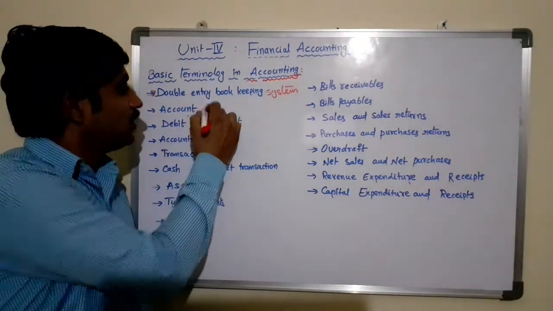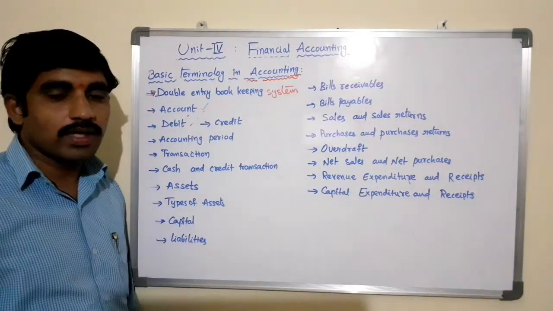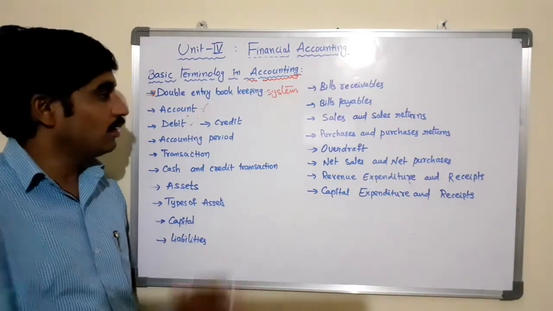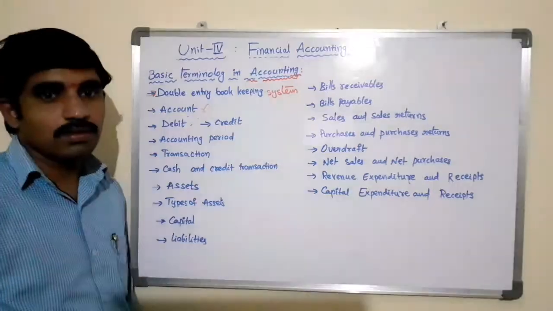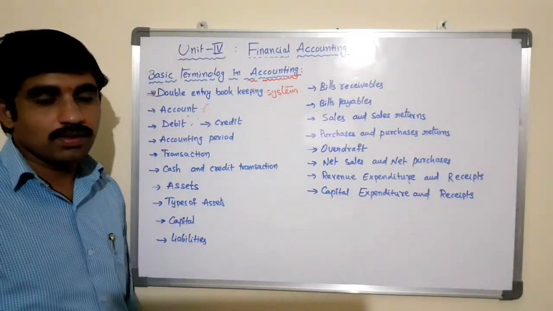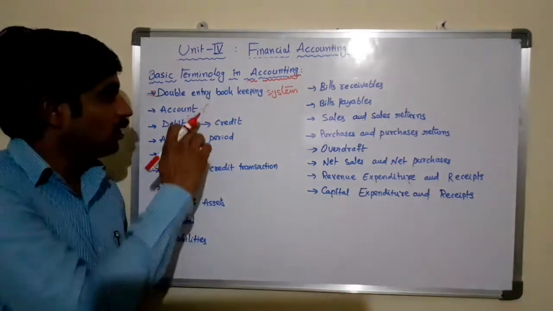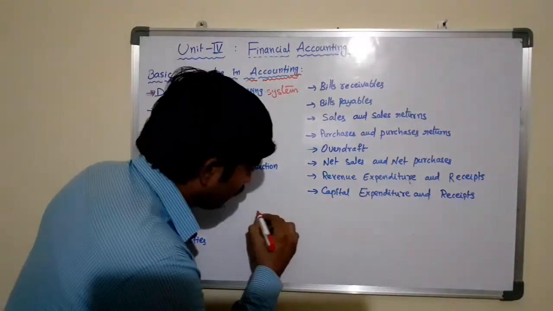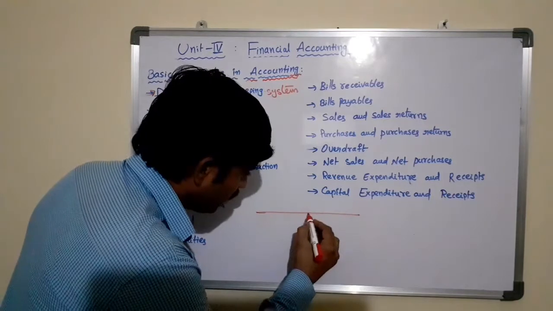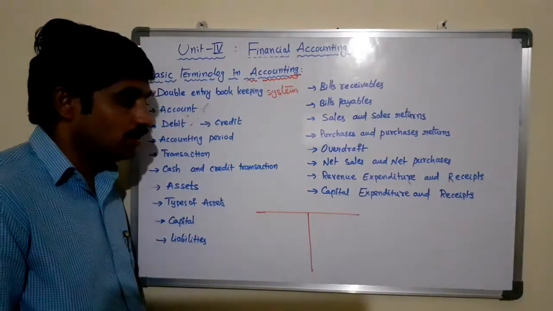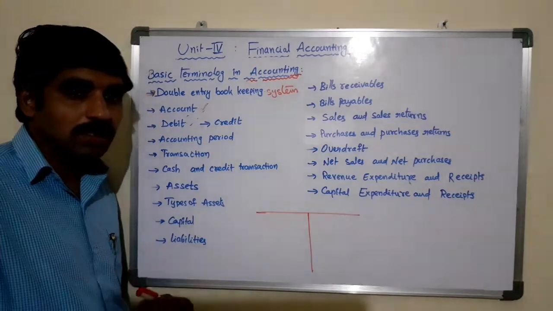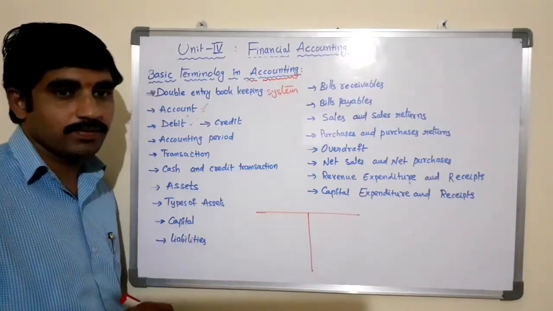The second one is account. Account is a very important term that is frequently used in the double entry bookkeeping system. An account is a T-shaped format which can be used to record the items or transactions of the business.